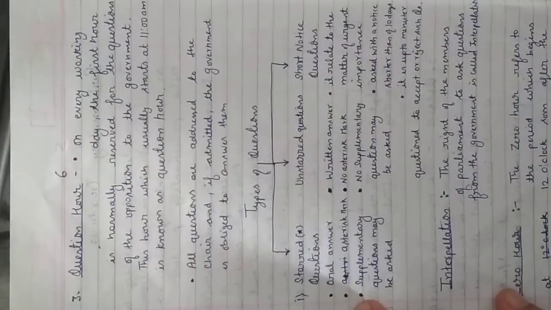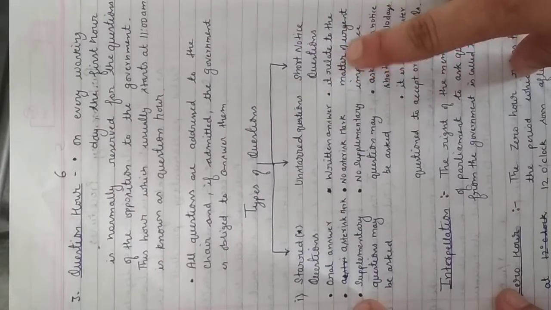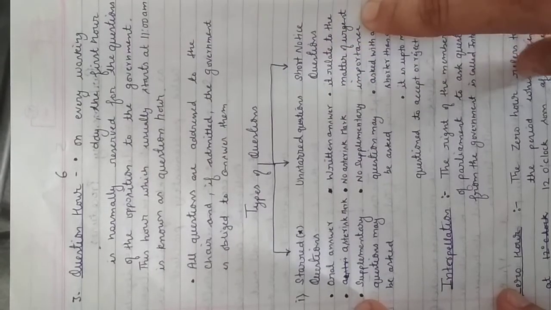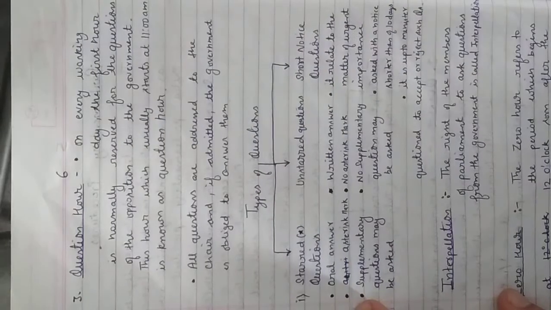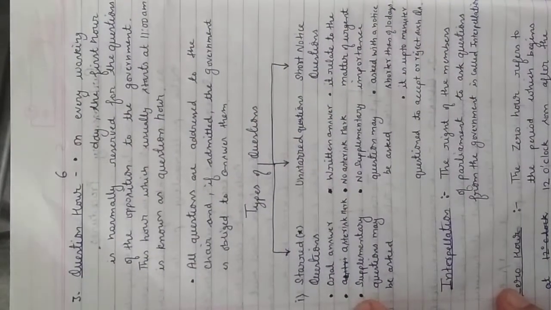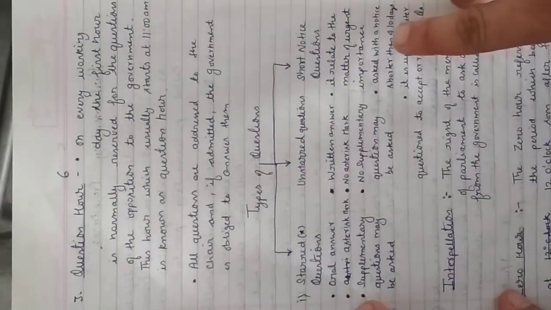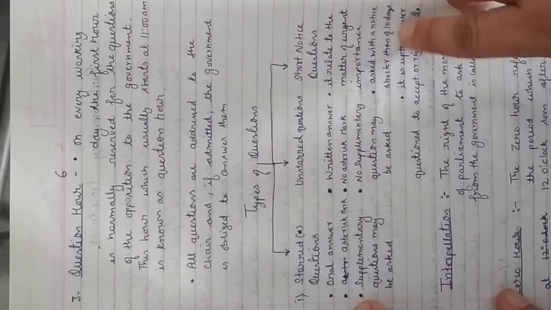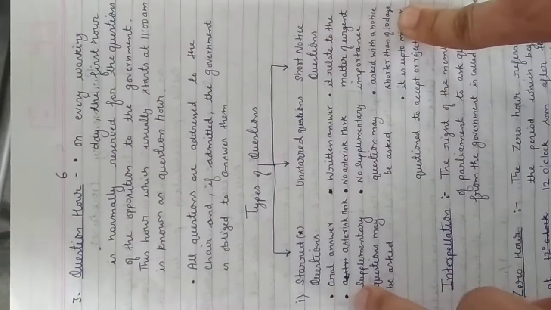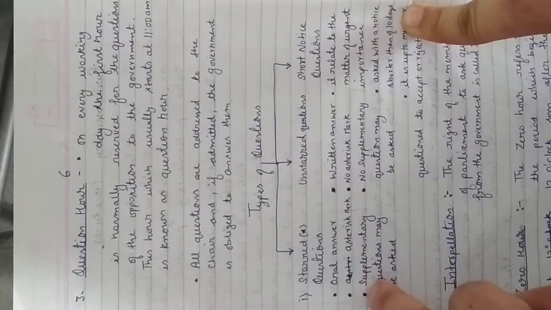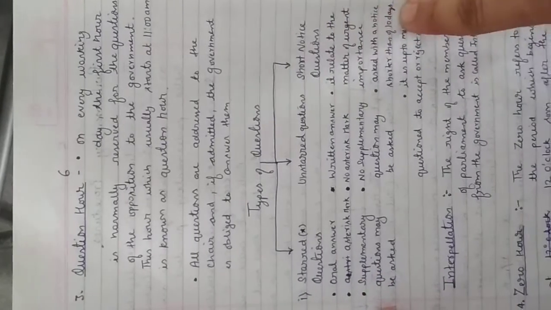Now the third type of question is short notice questions. It relates to a matter of urgent importance. Suppose there is a very important matter, maybe COVID-19 or anything else, and I have to ask a question related to that. Then I have to give notice shorter than 10 days. Here the minimum duration for giving notice is 10 days, and this is even shorter than 10 days.